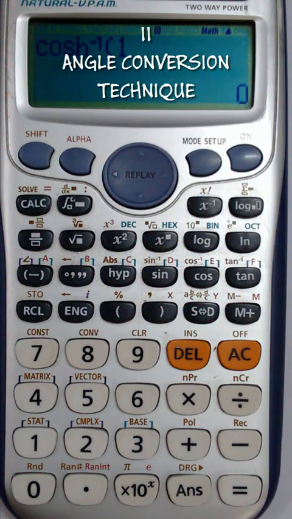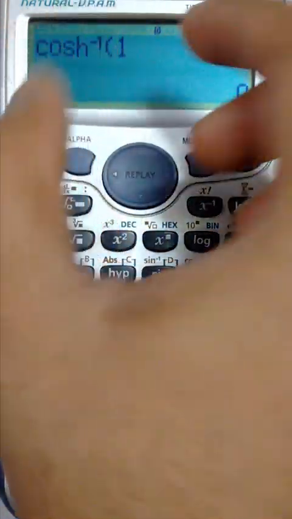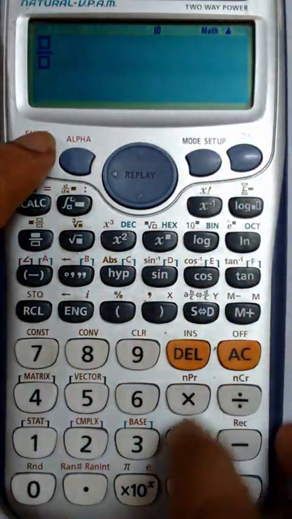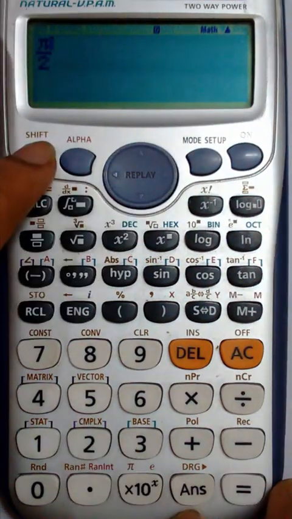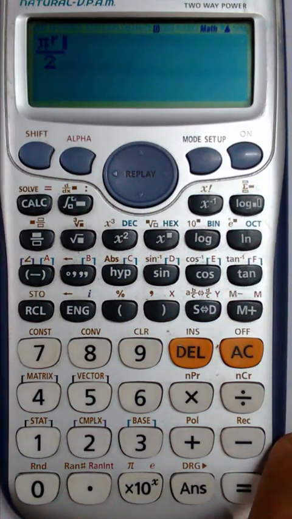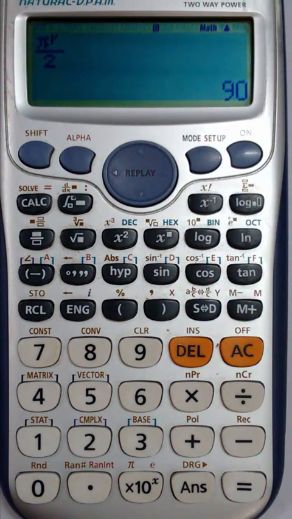Next technique is used to convert the input to the calculator's default angle unit. Here the calculator default angle unit is degree. Suppose I have used pi by 2, you can see here shift radian and then is equal to, I got this 90 degree.